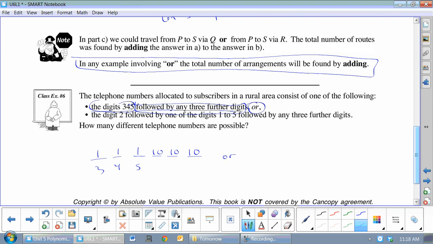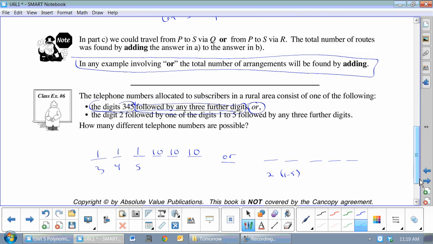Or you could have the digit 2 followed by any of the digits 1 through 5 followed by 3 digits. So here you're allowed the digit 2. Here you're allowed any digits 1 through 5. And here, so how many choices do you get for 2? Okay, you can have any choice you want in the world, but your first digit must be 2.